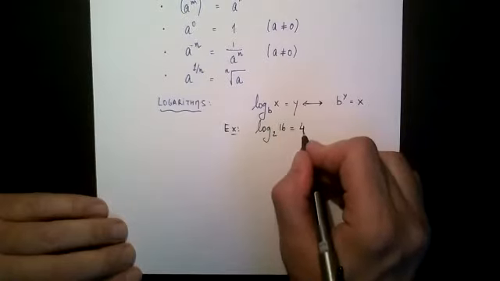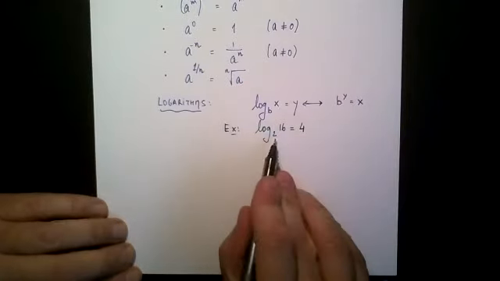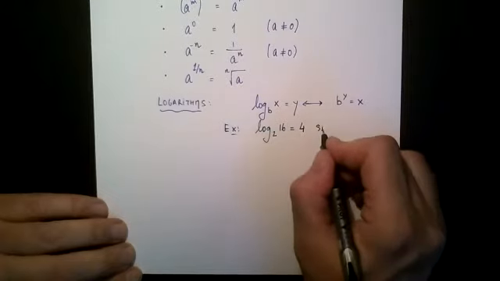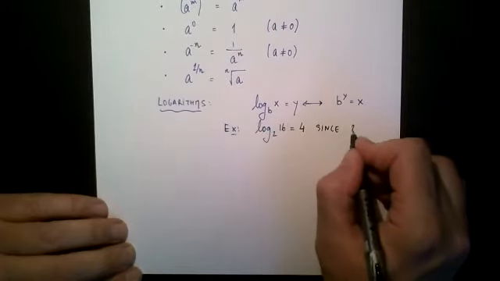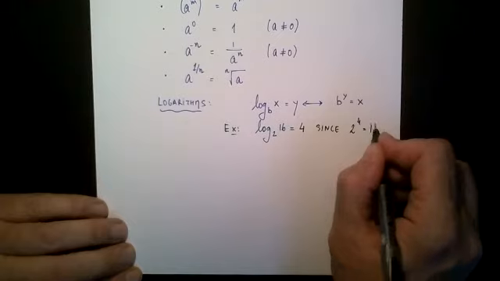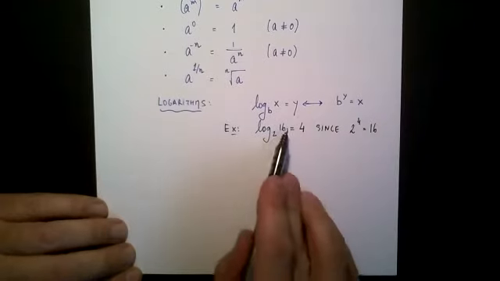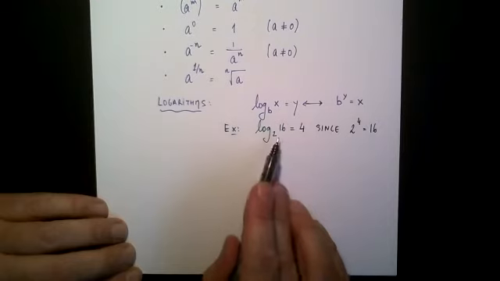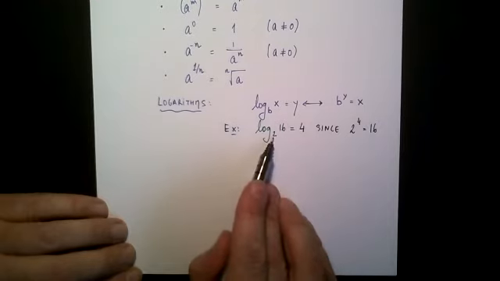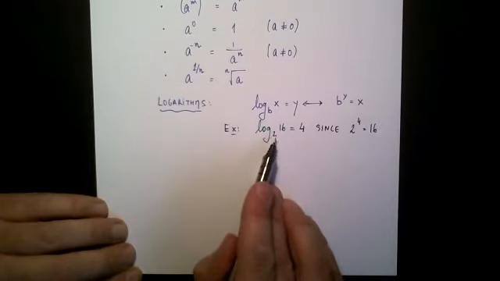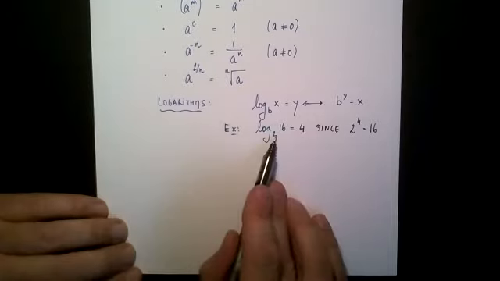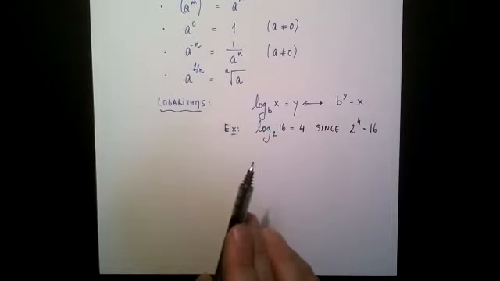Why? Because 2 power what gives me 16? Well, 2 power 4. Since 2 to the power of 4 equals 16, when I'm asking you to evaluate the log, what you're actually finding is the exponent. What should I put the base to the power of to get 16? My base here is 2, so you put it to the power of 4.